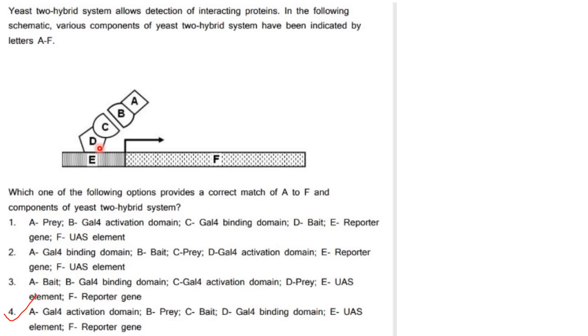Now coming to D, DNA binding domain, Gal4 binding domain. D is Gal4 binding domain. So the binding domain will be attached by the bait, C. So C will be bait. A is your activation domain, so Gal4 activation domain. And B will be your prey. So that gives you the answer as option 4.